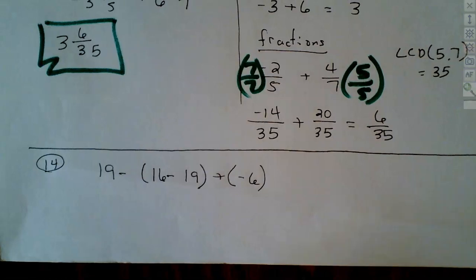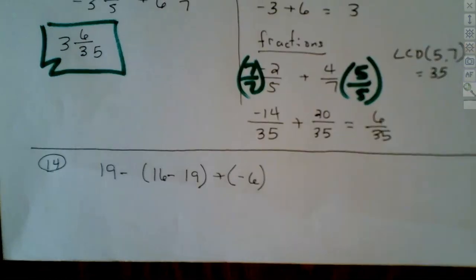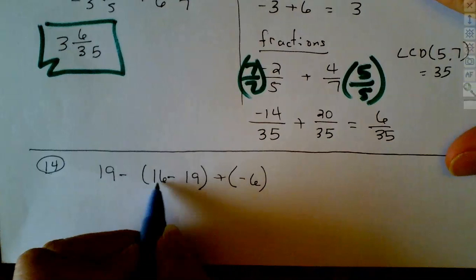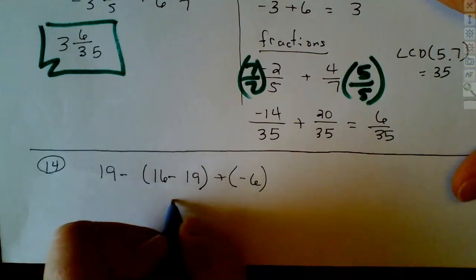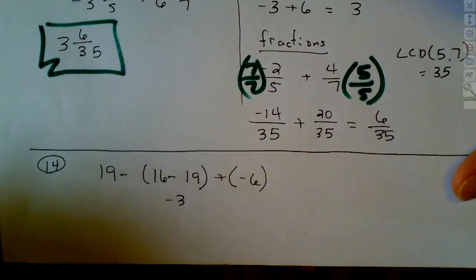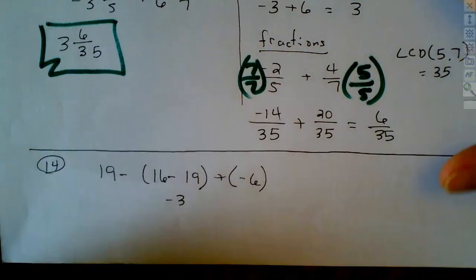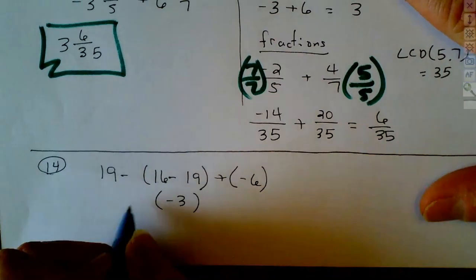Parentheses go first. Okay, so we're going to work them out, and we're going to see what we've got left. So 16 minus 19. 19 is larger. It is negative, so that is a -3. So 16 minus 19 is -3 when that comes out. 19 is the larger number.